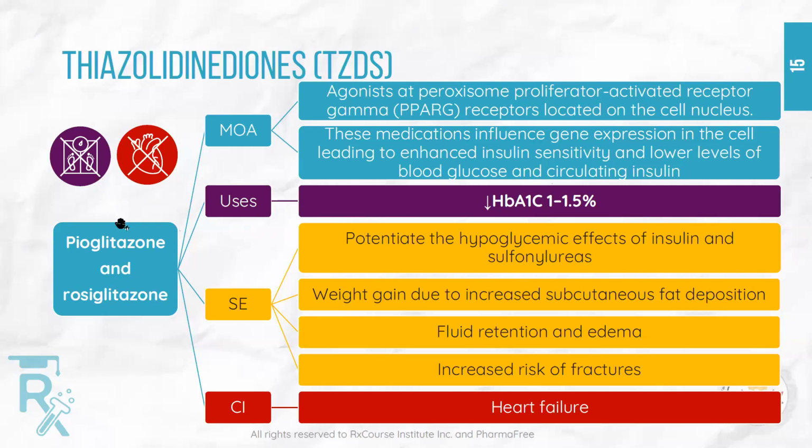Also, taking glitazone in the long run might lead to a higher risk of fracture, especially in older people. What else is associated? This family is associated with more respiratory tract infection, and it might also increase macular degeneration.